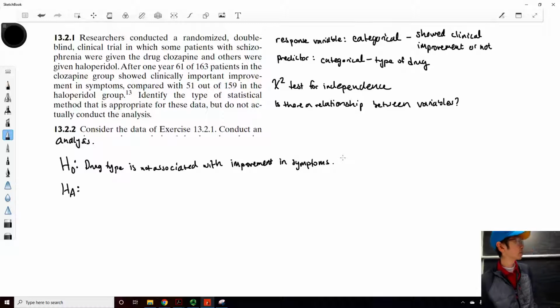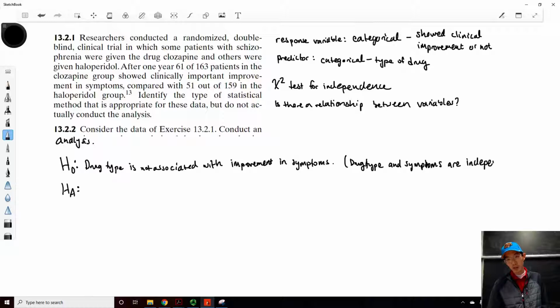Right? So that would be that they're independent. Drug type is not associated with improvement in symptoms, or drug type and symptoms are independent. Okay, and then the alternative would be that they are associated. That would be the non-directional alternative.